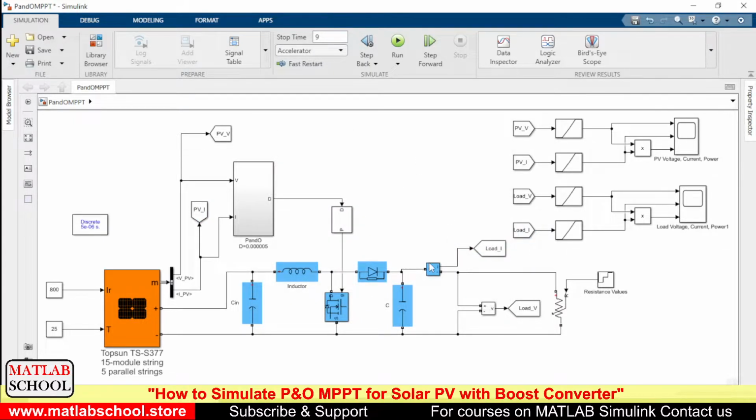This current will be measured and displayed through the scope, and this voltage will be measured and displayed through the scope. And if we multiply voltage and current, we'll be getting the power. So this is the output power at the PV panel, and this is the power which is available at the load.